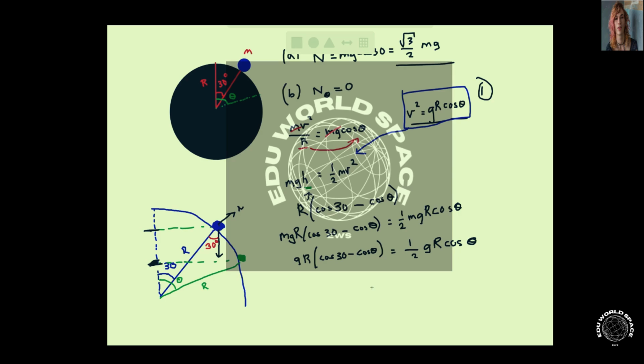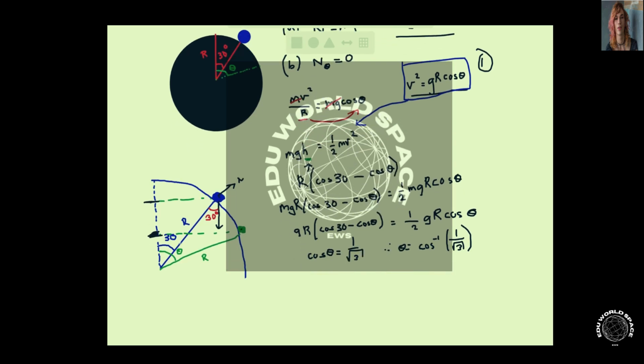Rearranging this expression in order to obtain theta, we get that cos theta is equal to 1/√3, and therefore theta is equal to arc cos 1/√3. However, we want to work out the change in angle between its initial position and final position, which means that we need to subtract 30 degrees from this angle here to get our final answer.